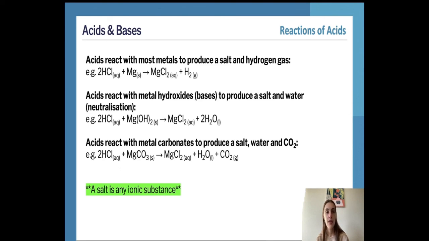An example of this is if we have hydrochloric acid and magnesium carbonate, and we can combine those to make magnesium chloride, water, and carbon dioxide. This is where hydrochloric acid is the acid, magnesium carbonate is our metal carbonate, magnesium chloride will be the salt, and then we've got water and carbon dioxide.